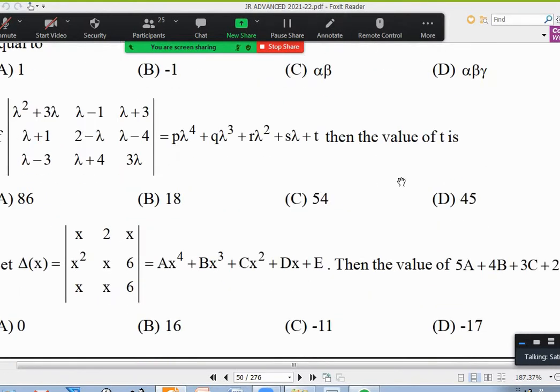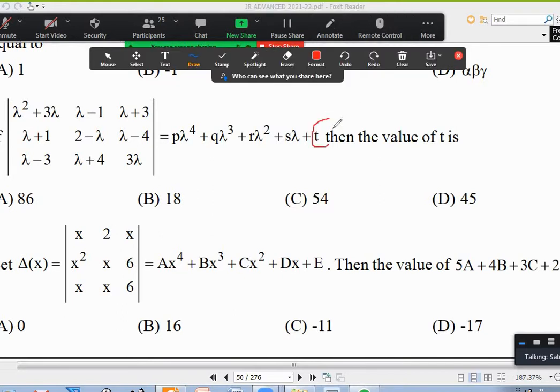The 19th question is very simple now. Mrudula, tell me how will you do 19? This question was given in the mains material. See carefully, they wanted only the t value. What is the value of lambda?